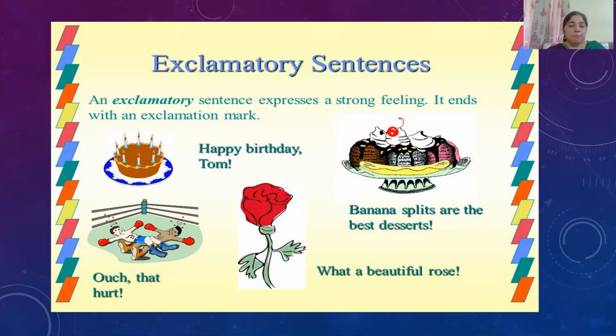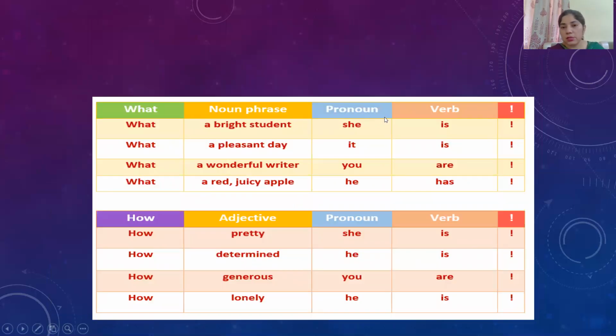Banana splits are the best dessert. Excitement. What a beautiful rose. Appreciation. You are praising something. So they help us to express sudden, strong feeling that automatically comes from the heart. Feeling of praise or surprise, appreciation, pain. So these feelings are expressed using exclamatory sentences.